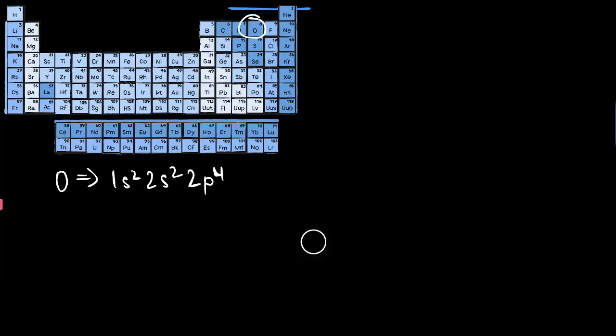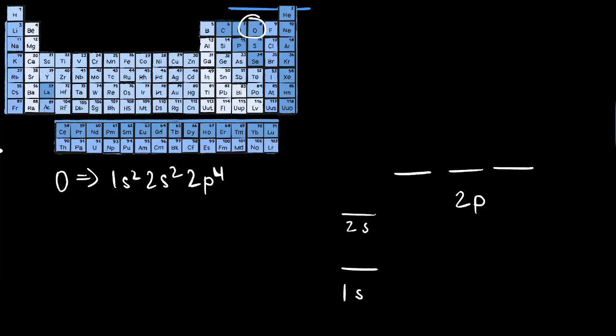Okay, so in our case of oxygen, we're going to have a 1s, 2s, and then there are always going to be 3 orbitals for the p. So there's 1 s orbital, there's 2s orbital, and there's going to be 3 orbitals that make up the 2p sublevel here.